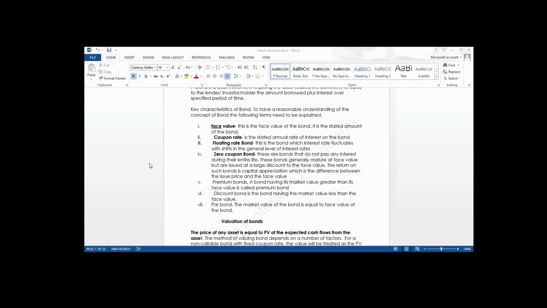Then two, redemption value of the bond at maturity. The redemption value may be at par or at premium or at a discount. When you get this cash flow, you now discount to their present value. Definitely, if you want to discount, you require a discount rate.